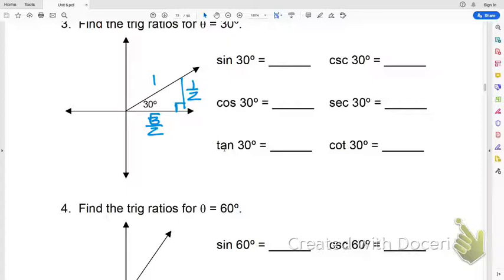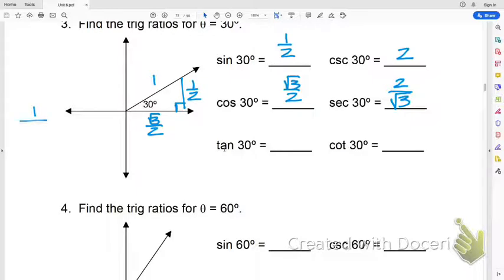Okay, the y over the r in this case would tell me the sine is what? 1/2. Cosine, x over r, is what? Root 3 over 2. Flip those for their reciprocals. And I'm going to show you something for tangent.